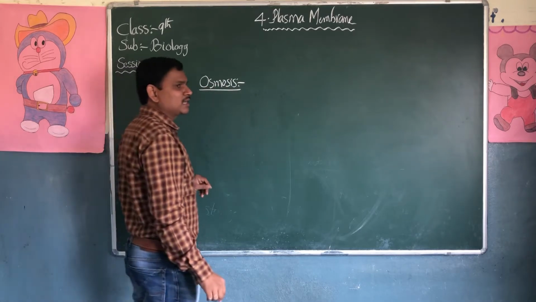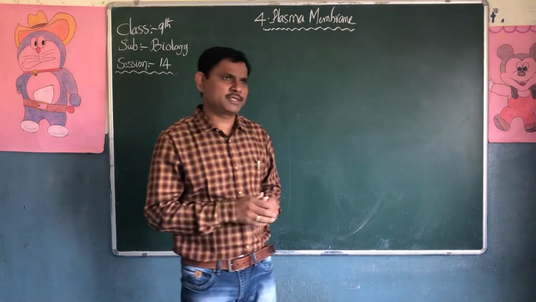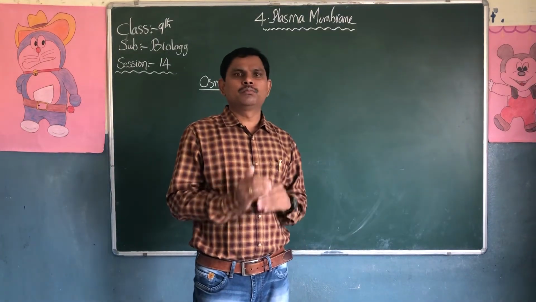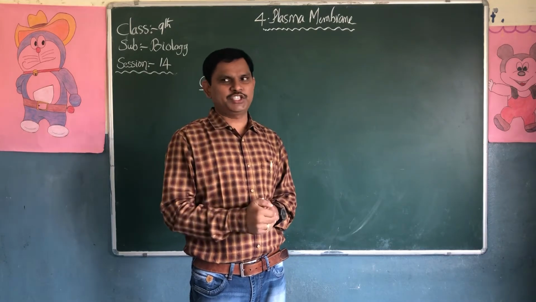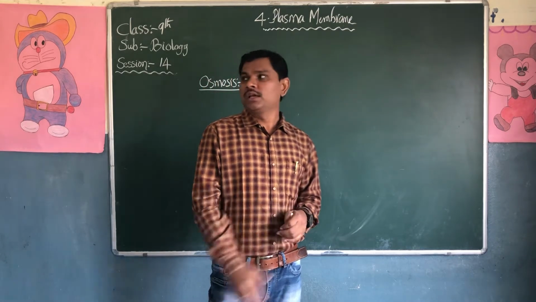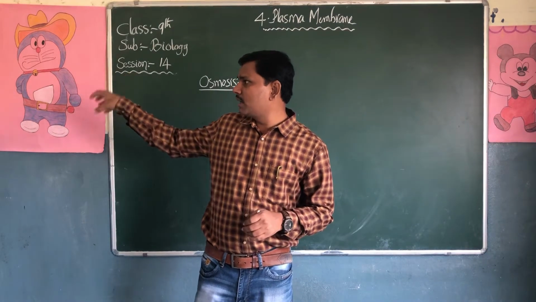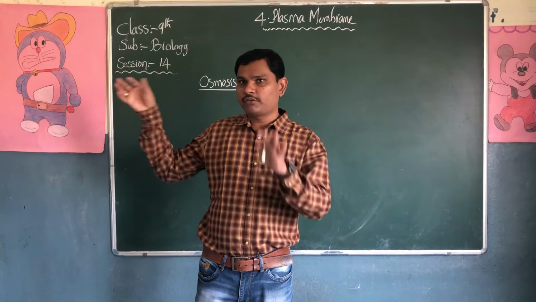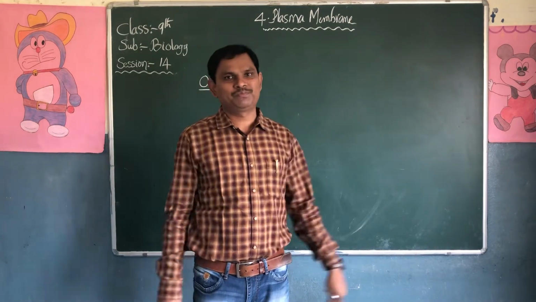In the last class we discussed osmosis and diffusion also. What is osmosis? The molecules move from low concentration to high concentration. But in diffusion, if we spray body spray here, you will get the smell in the corner. After a few minutes, this body spray will spread to the entire room. What happens?